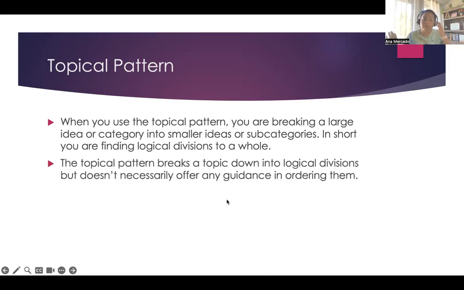So the topical pattern breaks a topic down into these logical divisions, but does not necessarily offer any guidance in how we order them. Once we have that big idea and we break it down into smaller categories, then we can talk about those categories in any number of ways. If we are thinking of chronological pattern, which is discussed in this chapter, it has to be ordered chronologically.